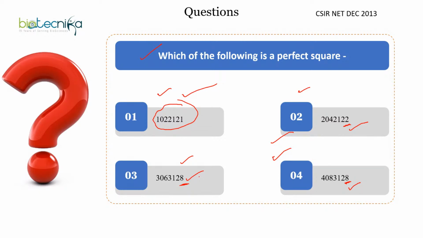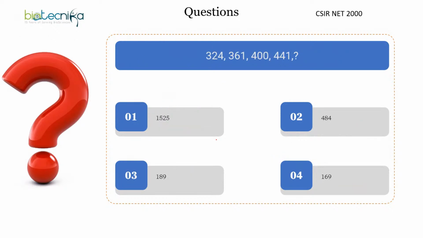This is one type of question which comes on perfect square. इससे ज़्यादा typical question नहीं आएगा on perfect square. You will not get questions to find the perfect square of a big number like 1022121; अगर आएगा then it will be a small number. Okay, so let's move on to the next question.